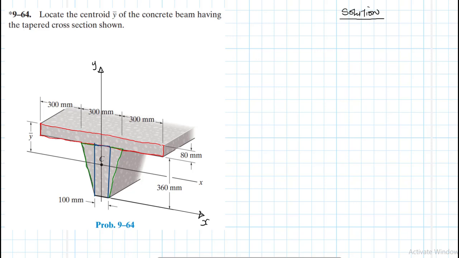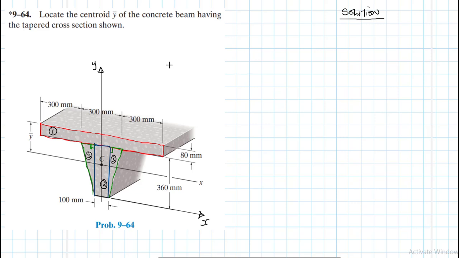This is a right angle there, and this is a right angle there. So this is part one, let's call this one part two, and these are part three. These are the same right angle triangles.